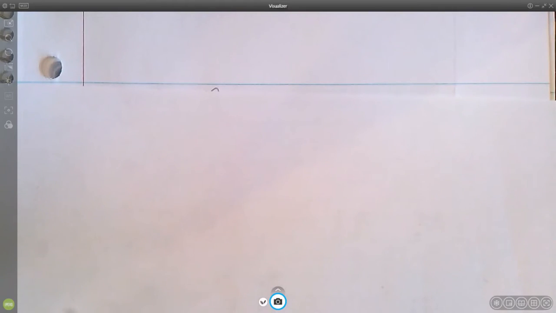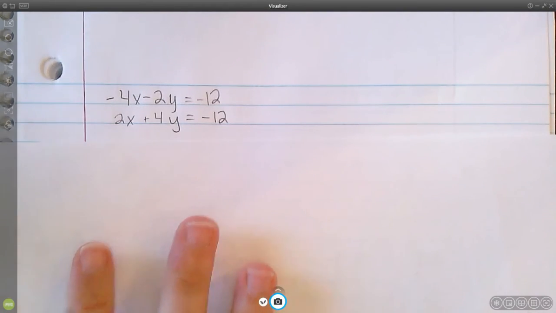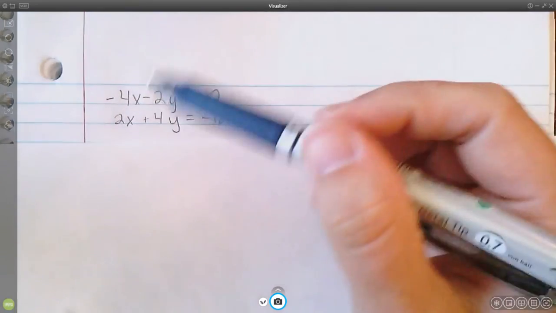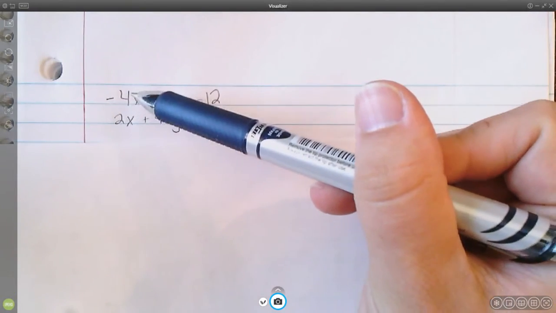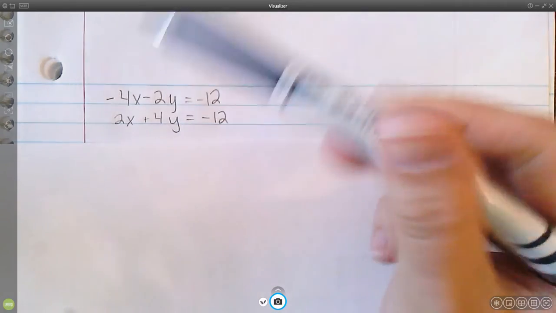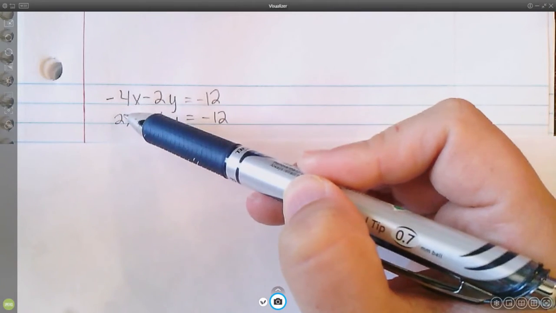So now you're probably wondering, why on earth would you ever want to multiply an equation just to get the same thing? Well, last week we looked at problems that had elimination. So when you are eliminating, remember you want to have a coefficient and a variable that are the same but with opposite signs. So here we have a negative 4 and a 2. Well, those aren't the same number.